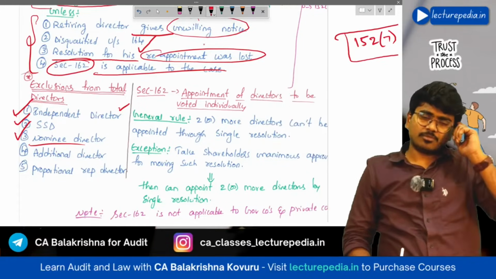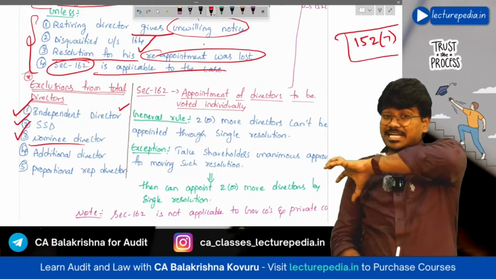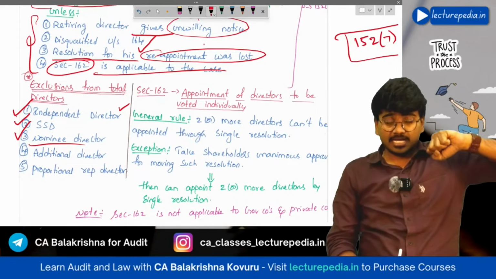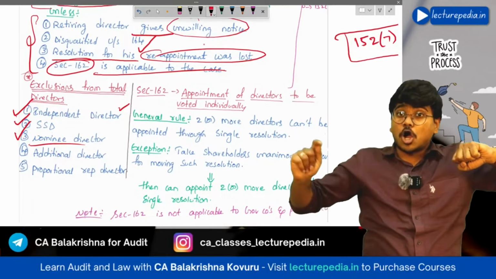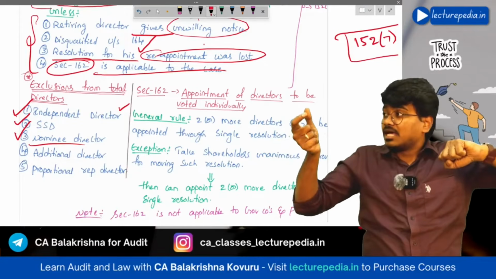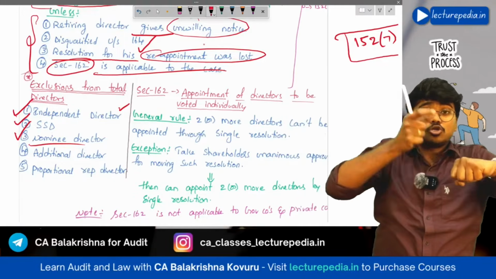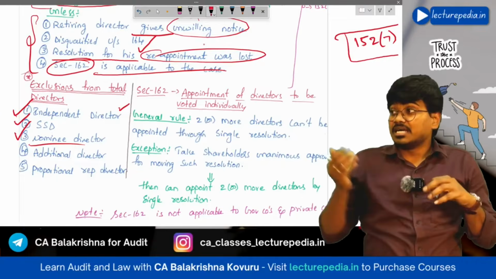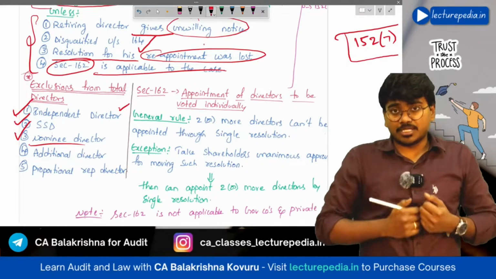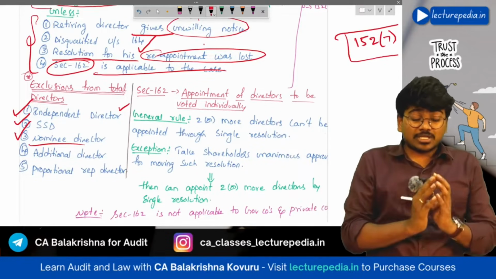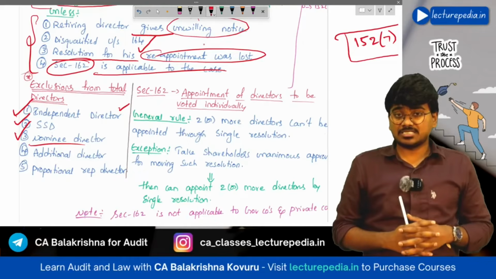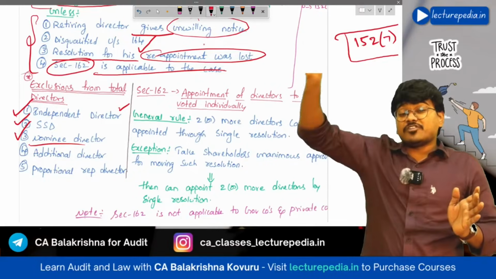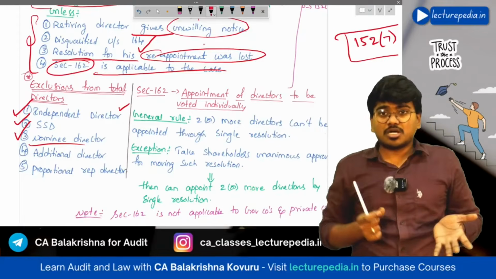Since that much amount of loan has been given to the company by SBI Bank, a person will be appointed on behalf of the bank onto the board of directors of this company. Because it has given a huge amount, it wanted to see whether this amount has been properly utilized. So for this purpose, a director on behalf of SBI Bank will be appointed to the board of directors.